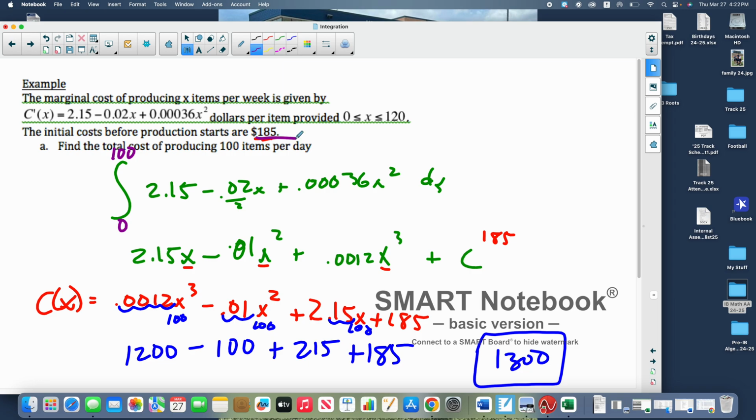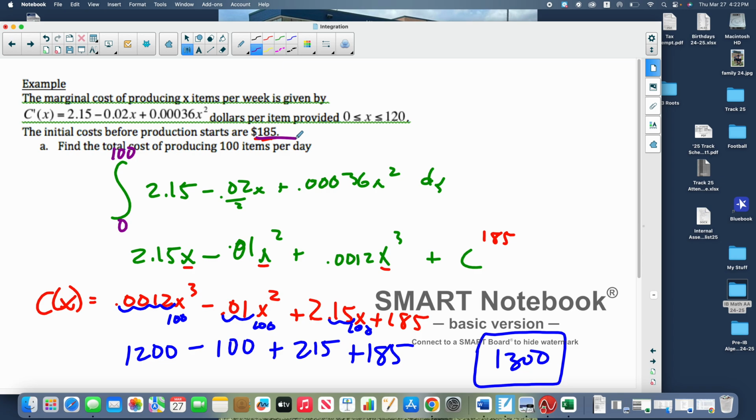And if I go to 100, what I'm doing is finding the variable difference from producing 0 items to producing 100 items. So that's another application for these integrals.